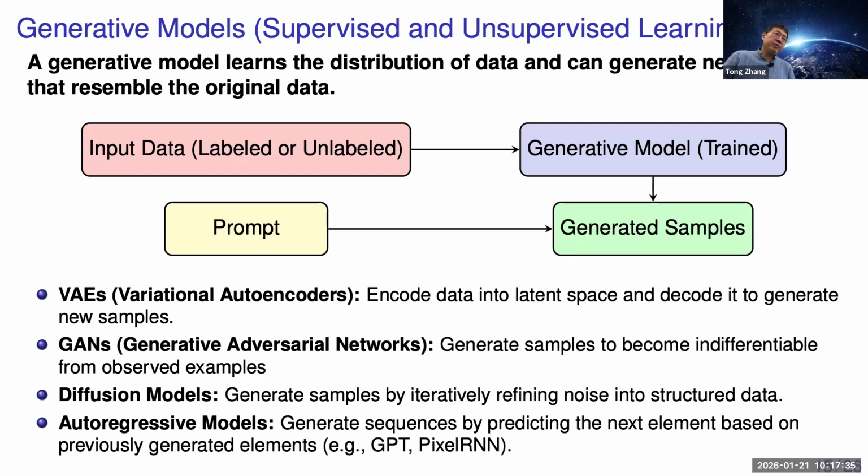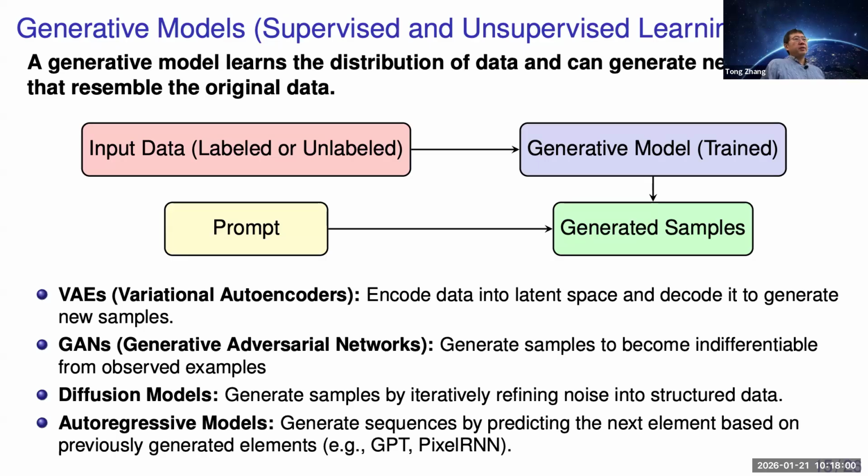Basically, a generative model is a learned distribution of data. In unsupervised learning, it is usually called unconditional. You have no prompts, you just generate data, like an image. That resembles the original data. For example, you train an image generation model and it generates a natural image.